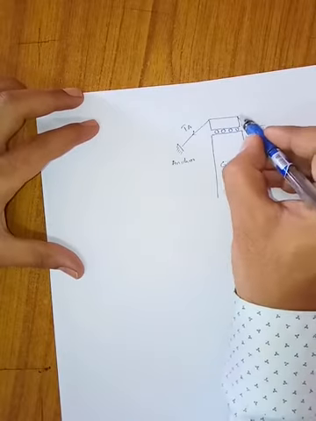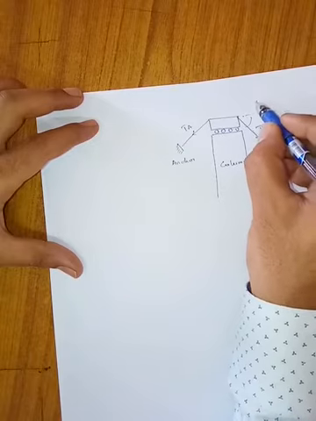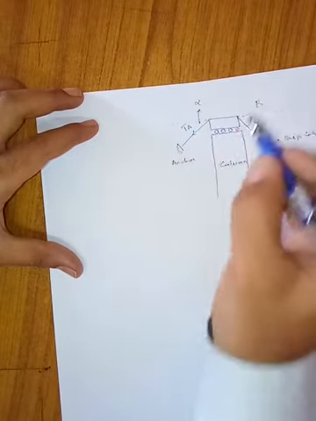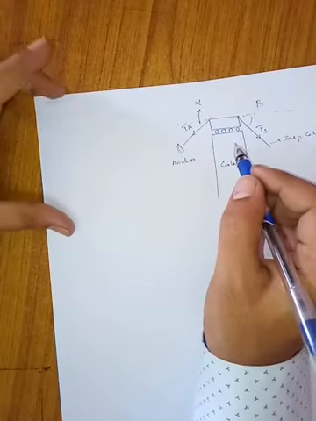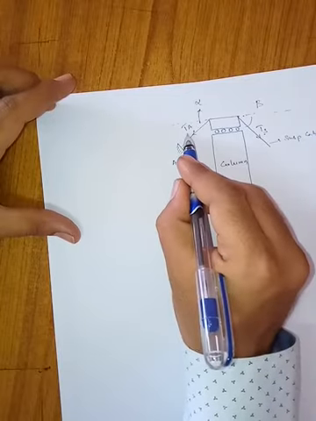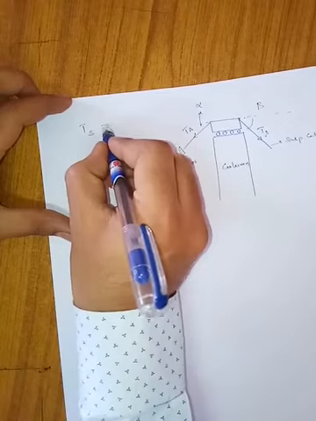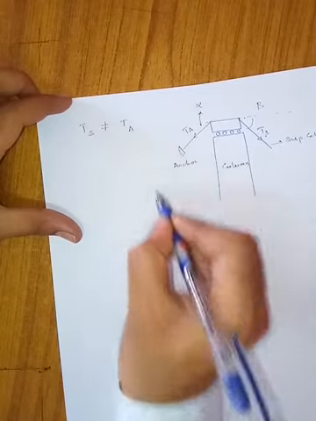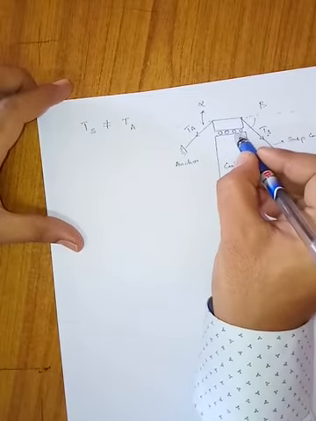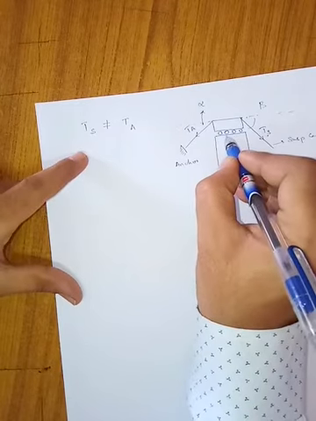Here we have calculated theta. I'll call this beta. Here also the angle will be given, say it is alpha. Now unlike pulley support, the tension in the suspension cable and the tension in the anchorage cable are not the same. Tension in the suspension cable is not equal to tension in the anchor cable in this condition, because the support is on rollers, so there is no horizontal reaction from the support.